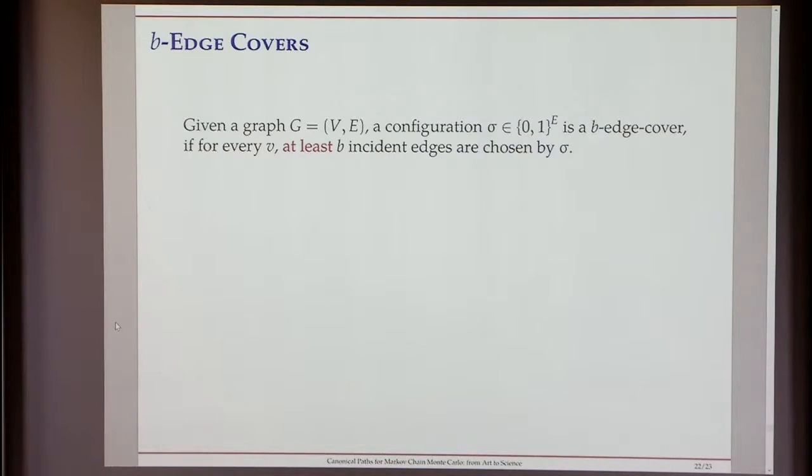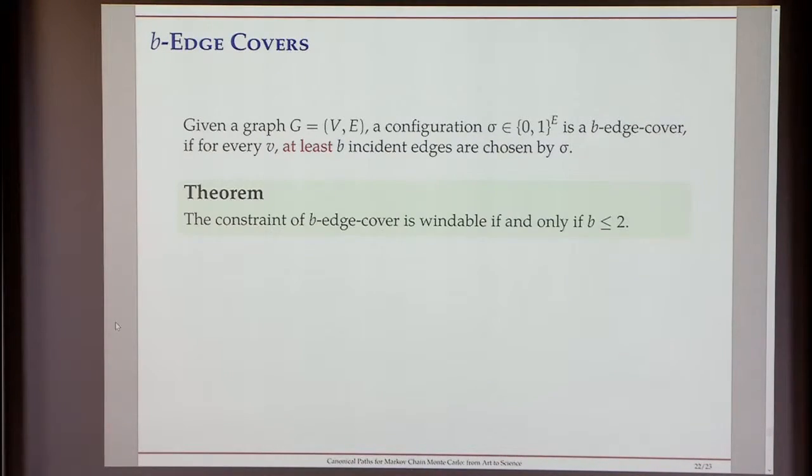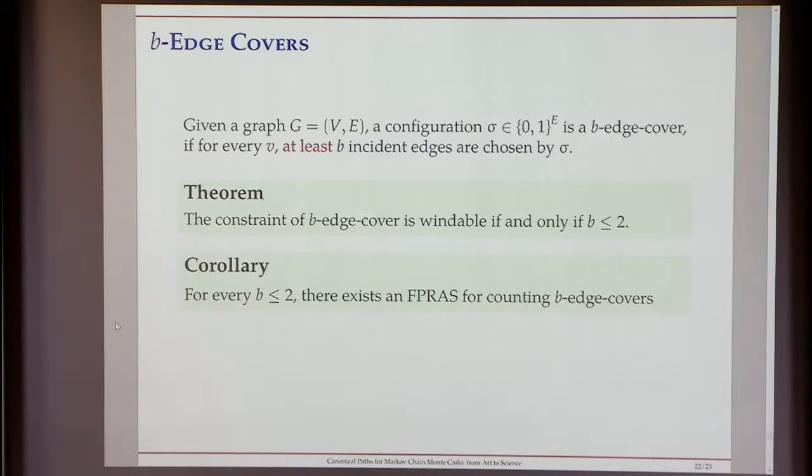So in the case of matchings, we have at most B, and in the case of edge cover, we have at least B. In this way, we can also apply our characterization theorem, and we obtain the following result. The problem of B edge cover is windable if and only if B is at most 2. So we have that B matching for B equal to 1 or 2 is, let's say, FP-ROS.